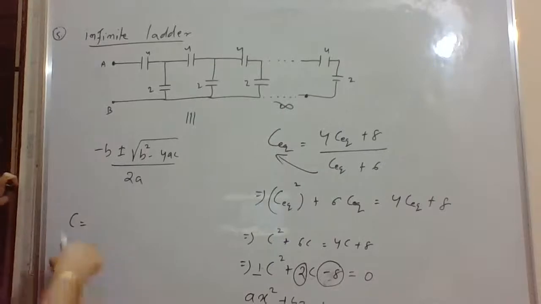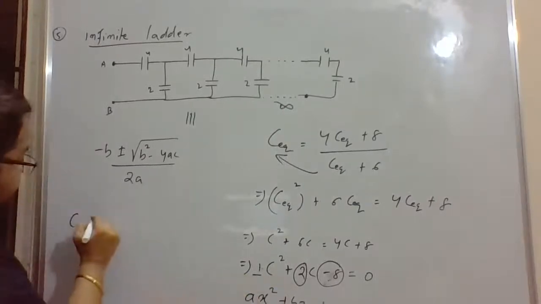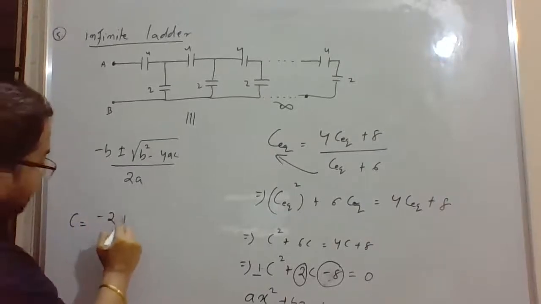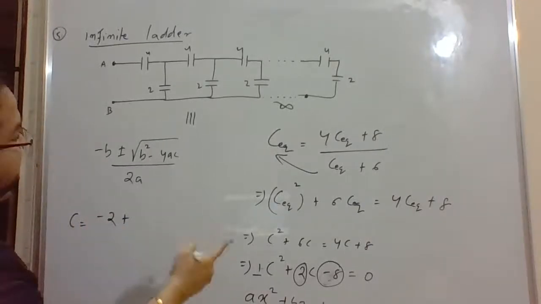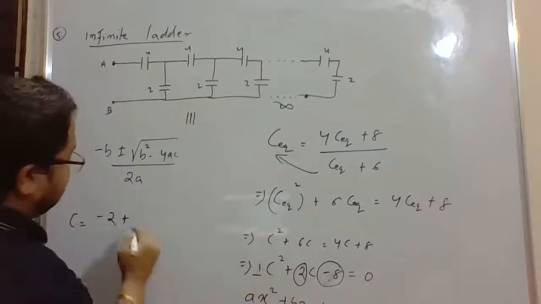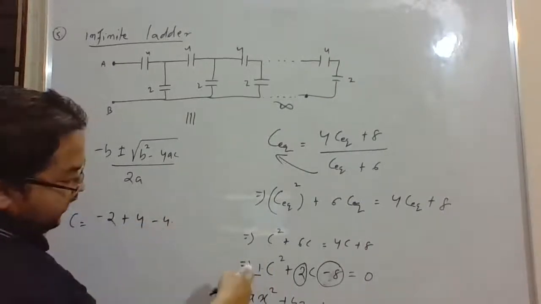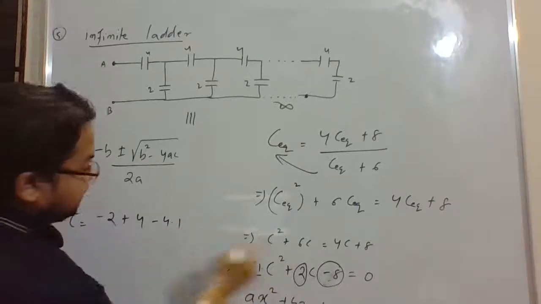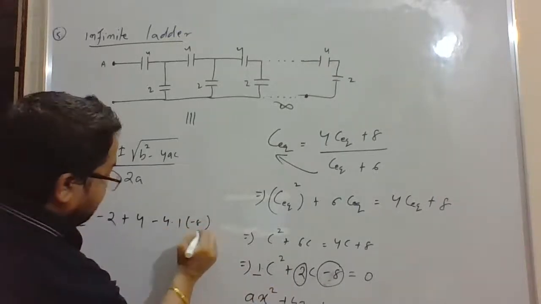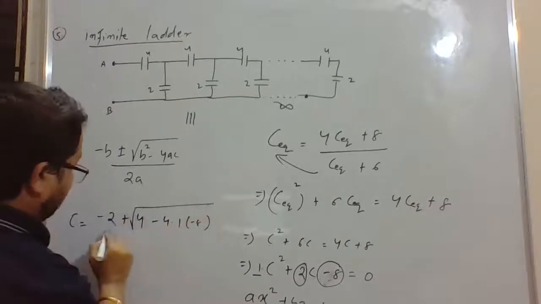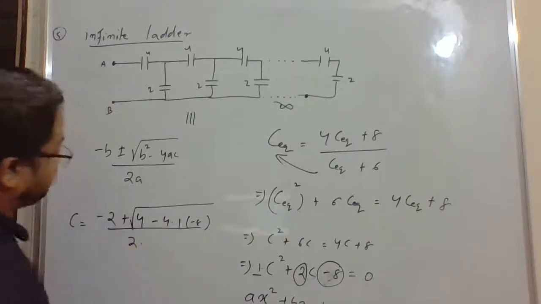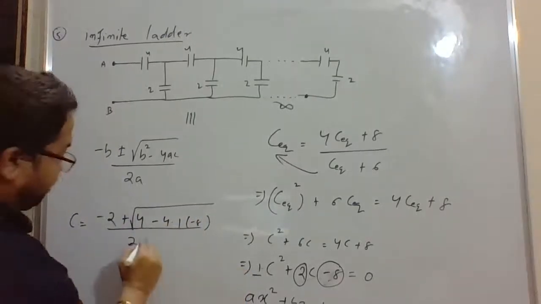So C equals minus b, minus b is nothing but minus 2, plus root of b squared minus 4ac. B squared is 4, minus 4 into a, a is 1, c is minus 8, by 2 into a, a is again 1.